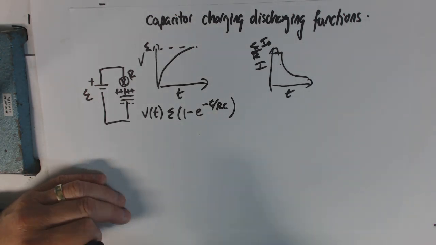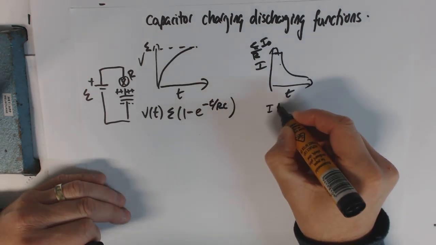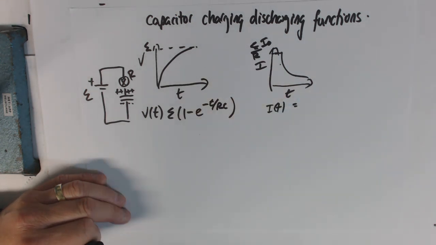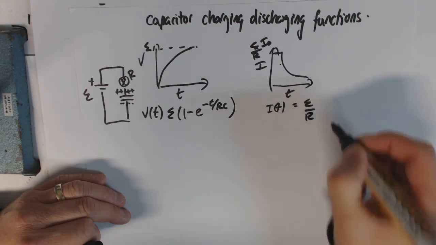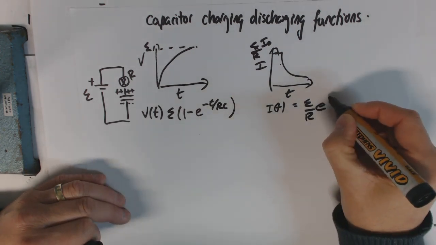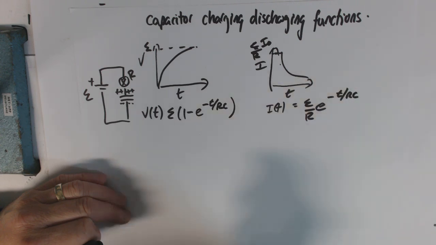So what's the formula going to be for this one? The formula for this one's even simpler. It's going to be I as a function of t is going to be that initial current that we had, which I've said is E over R, which we could call I naught, times e to the minus t over RC.